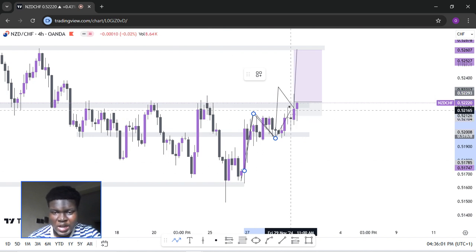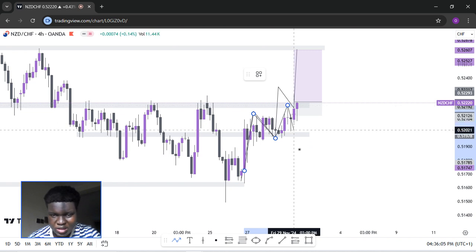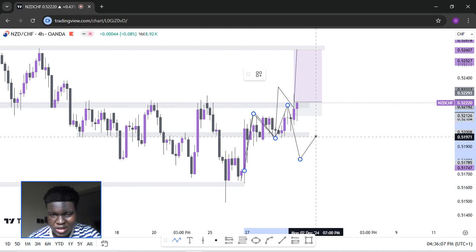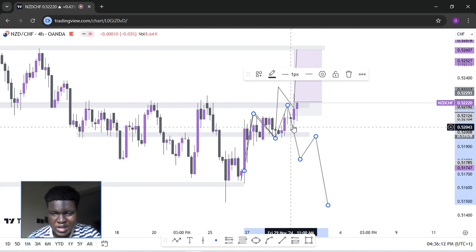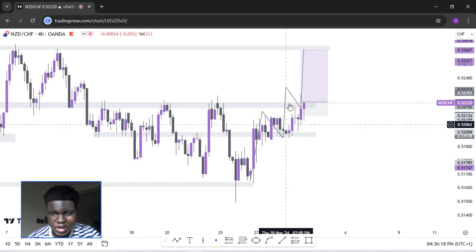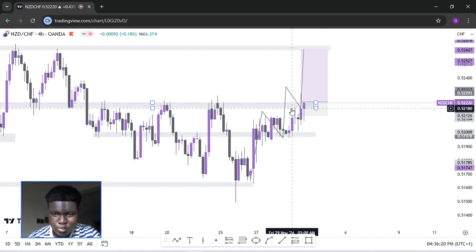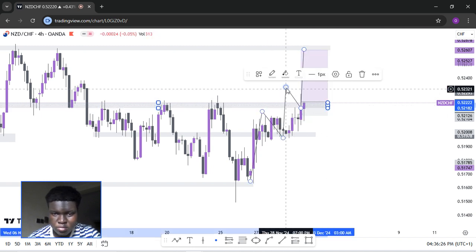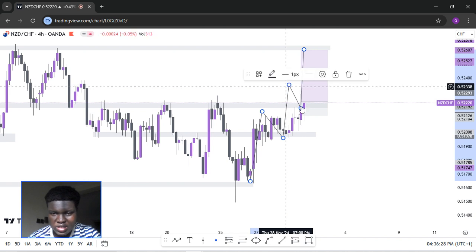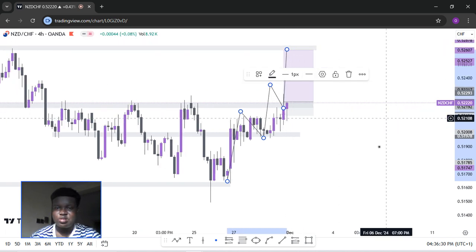So there's a high probability that price could come here one more time and find resistance, break to the downside, give us a retest to continue the bearish move. That's why I didn't take this buy initially. So what I wanted to happen is that price should clear this resistance zone properly. So the moment price clears it properly, yeah, then you can enter on the retest to continue price to the upside.